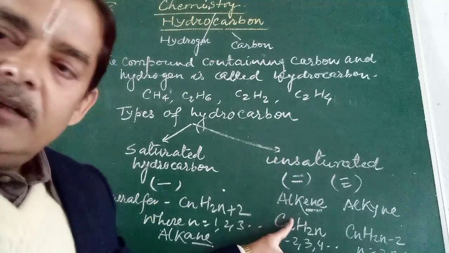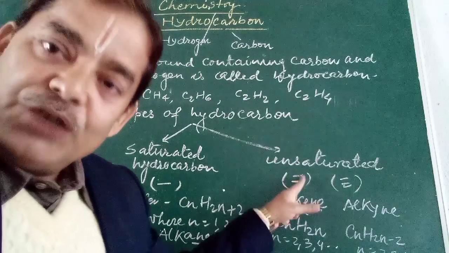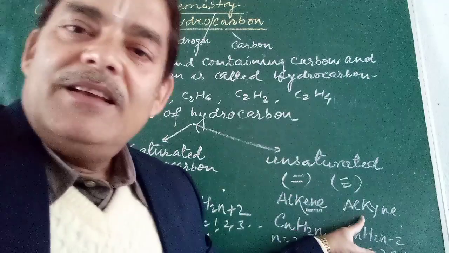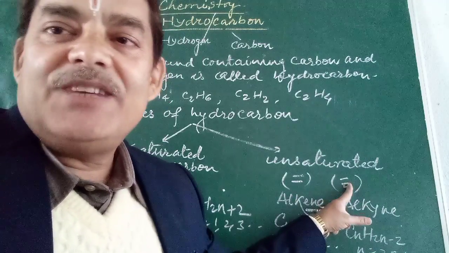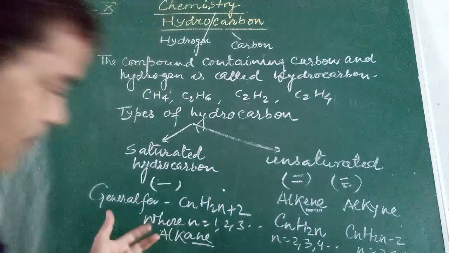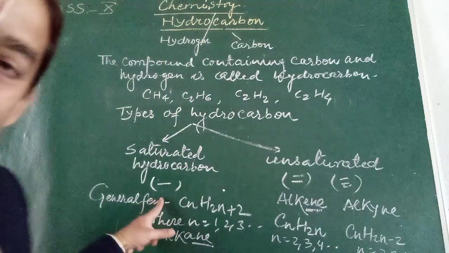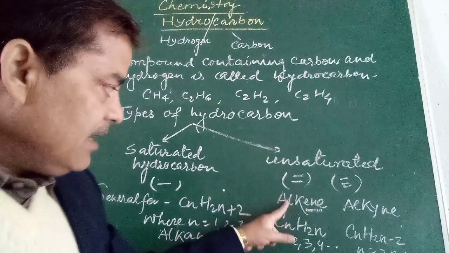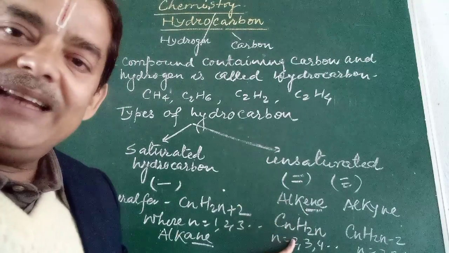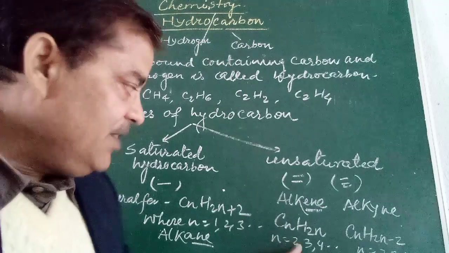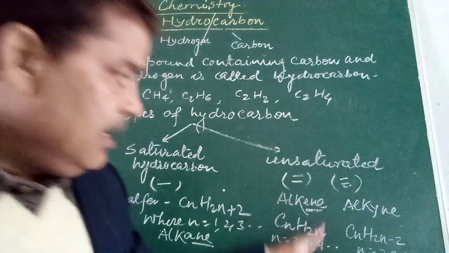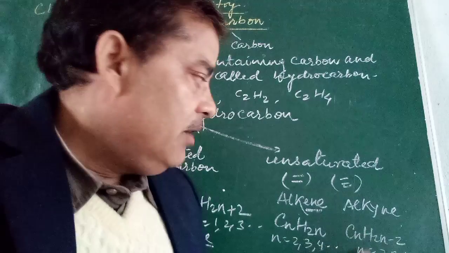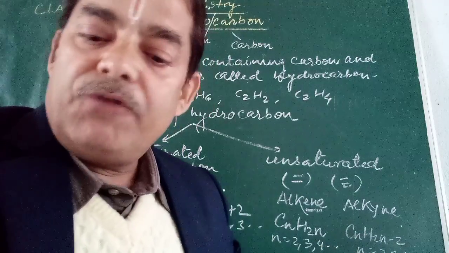In alkene, any two carbon atoms are joined by double covalent bond, and in alkyne, any two carbon atoms are joined by triple covalent bond. The general formula of alkane is CnH2n+2, where n is equal to 1, 2, 3, and so on. General formula of alkene is CnH2n, where n is equal to 2, 3, 4, and so on. General formula of alkyne is CnH2n-2, where n is equal to 2, 3, 4, and so on.